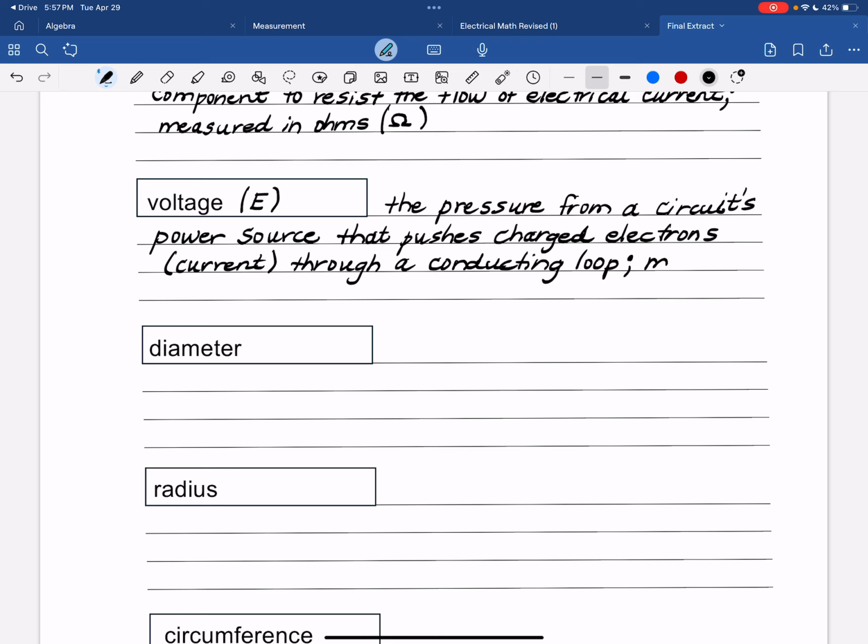Voltage is measured in volts. That is denoted by a capital V, measured in volts.